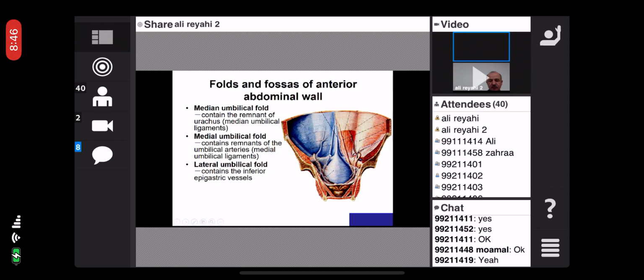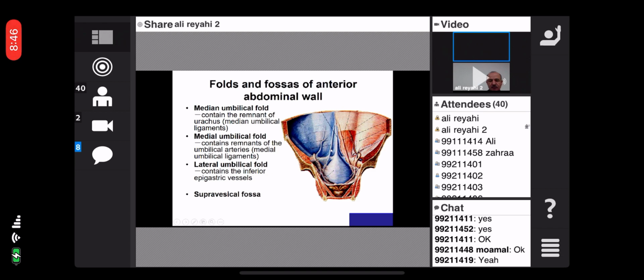And between these folds, there are some fossae. At the median umbilical fold, this fossa is called the supravesical fossa. Vesical means the urinary bladder.